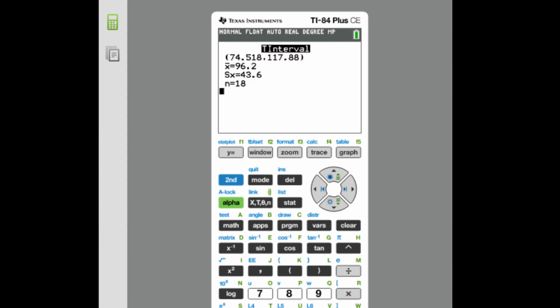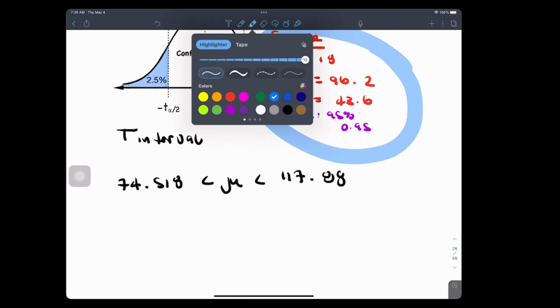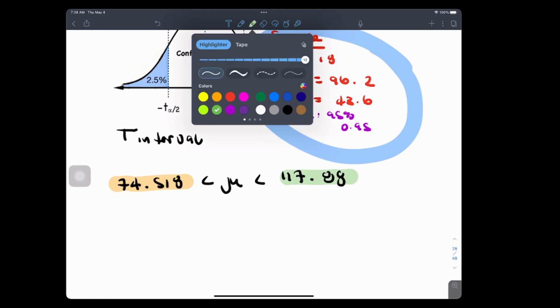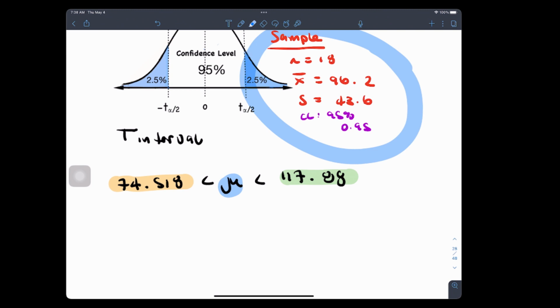This is the mean wake time, ladies and gentlemen. 74.518 minutes less than mu, less than 117.88 minutes. You got the lower bound value, you got the upper bound value, and here is the mean.